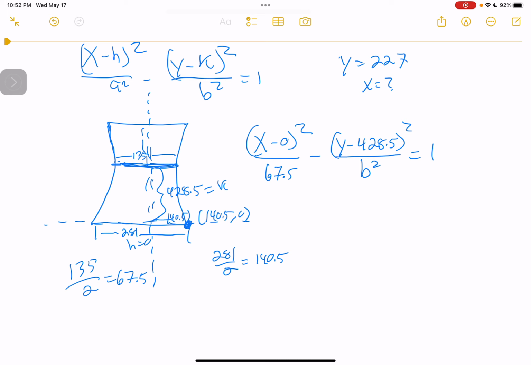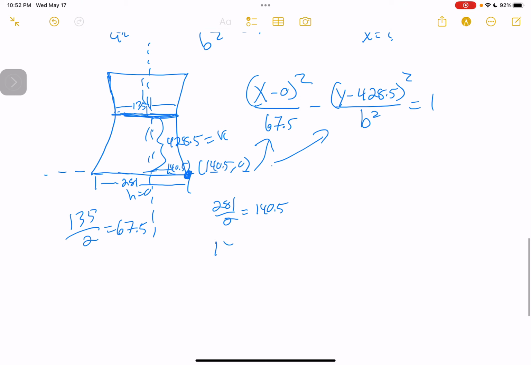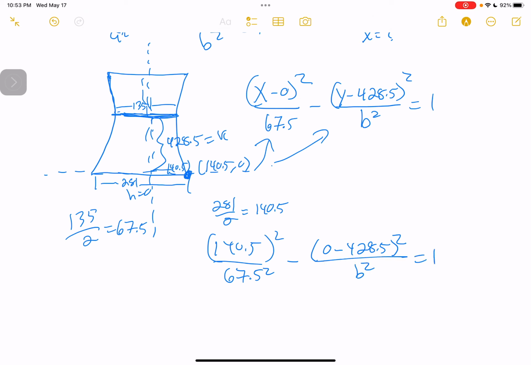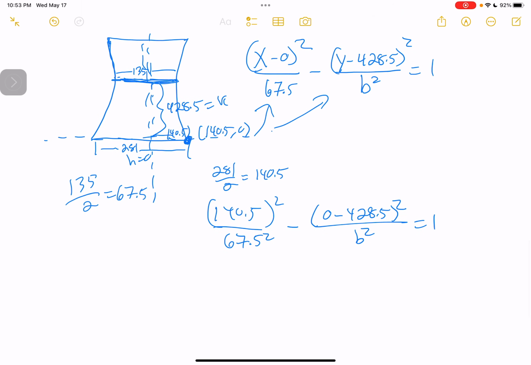So what we're going to do is plug this into the x and the y, and we would have 140.5 squared over 67.5 squared minus 0 minus 428.5 squared over b squared equals 1. We get to play the algebra here. The unknown is b squared, everything else is known.